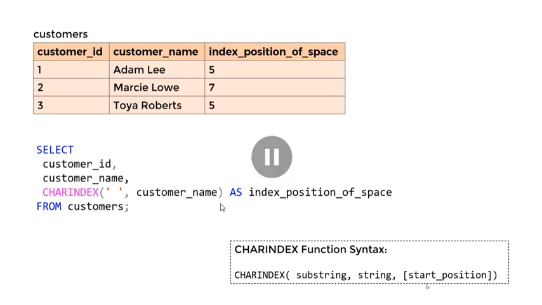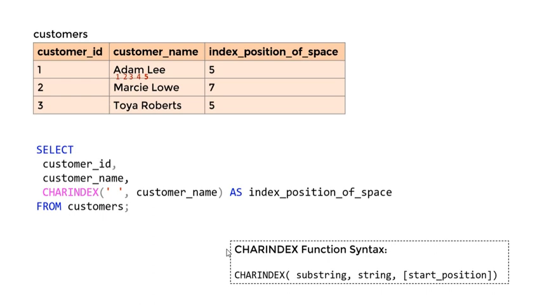So the result of this expression we have named index position of space, and for the customer Adam Lee we get a value of 5. This is because the single space occurs at position 5, right? 1, 2, 3, 4, the fifth position is the space.